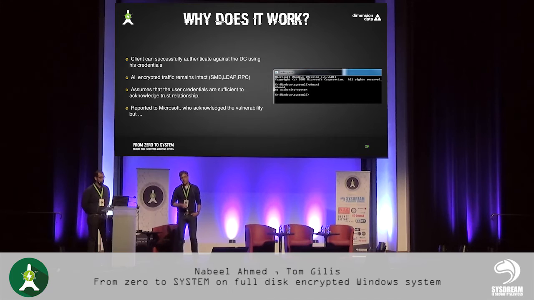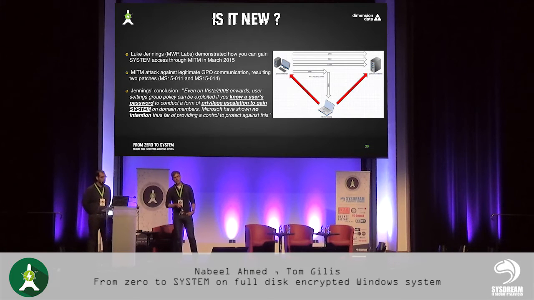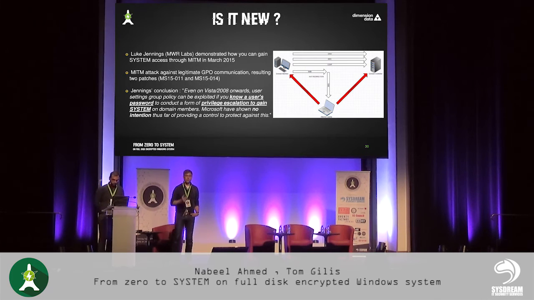So we reported this vulnerability to Microsoft, who acknowledged it. We were able to reproduce it in their environment. But we continued along, and we searched a little bit further on the internet, and we came across a post from Luke Jennings from MWR Labs, who about a year ago, in March of 2015, already found, first of all, a number of vulnerabilities in the way that GPOs are being handled, where you could do a man-in-the-middle attack on the communication between the client and server, resulting in some privilege escalations.